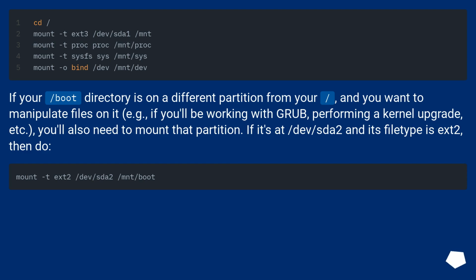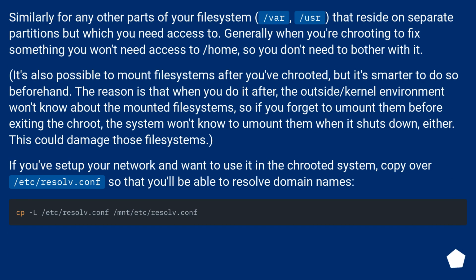If it's at /dev/sda2 and its file type is ext2, then do this. Similarly for any other parts of your file system, like /var or /usr, that reside on separate partitions but which you need access to.